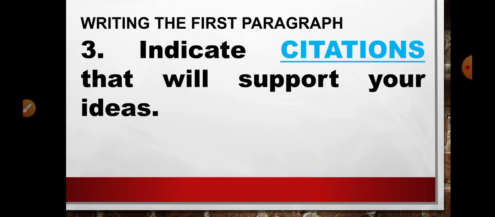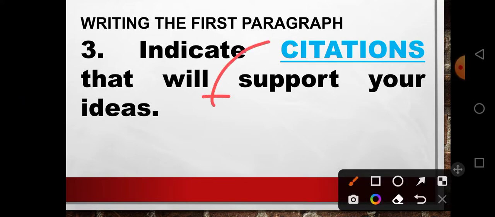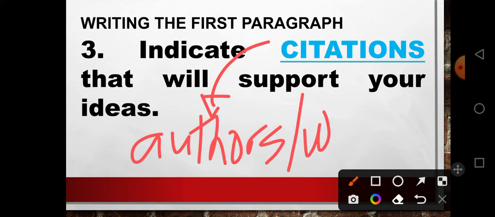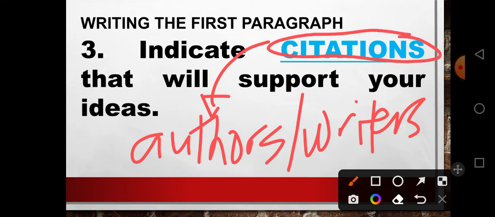Okay, so these citations will be composed of authoritative knowledge derived from authors or writers that are said to be reliable or present valid information. And such citations will strengthen your claims in the first paragraph of the background of the study.